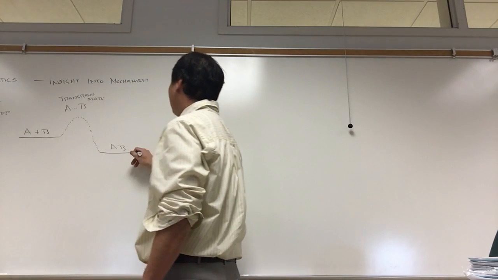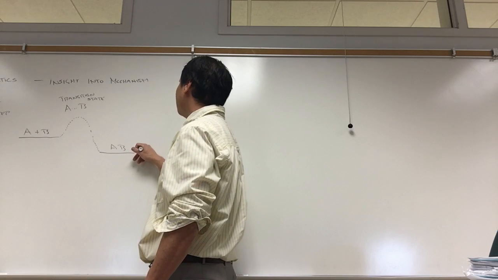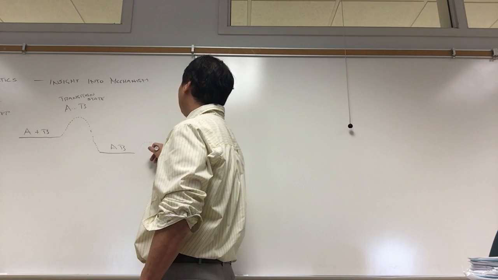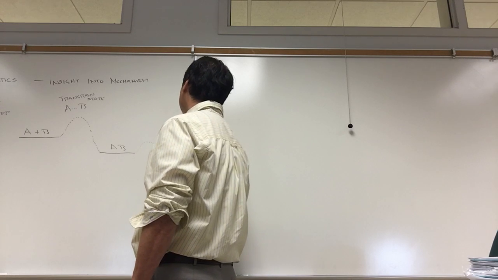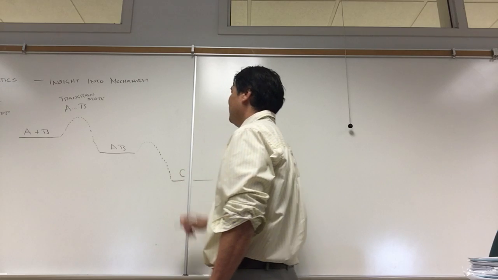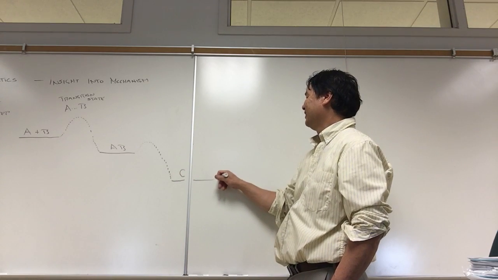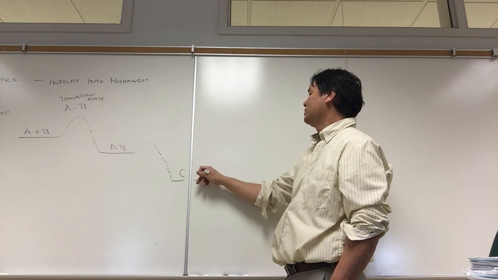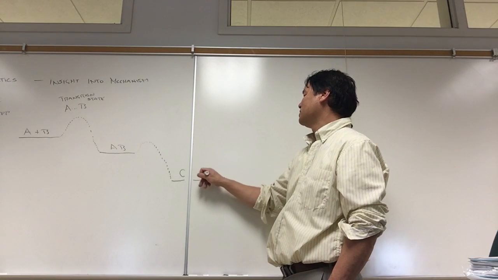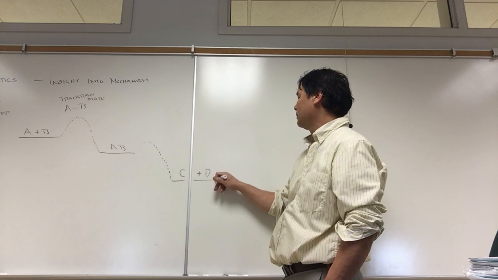After this happens, we have to excite this product, let's say. And then this drops down to C here. And then later on, this reacts with some reagent D, let's say. I should have done my lettering differently, but it's okay.